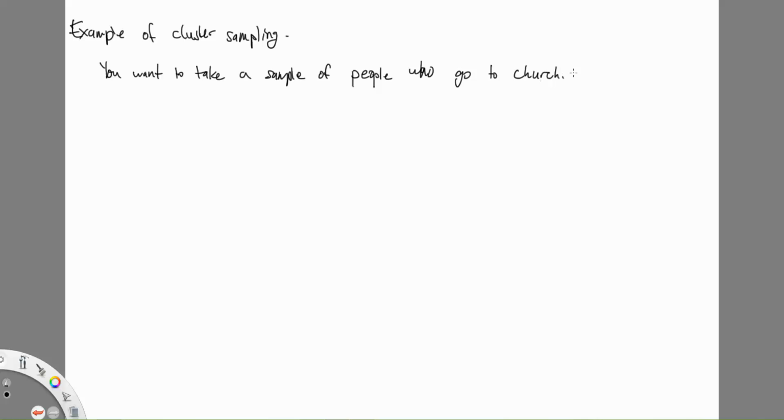Now, to do simple random sampling, we would need a list of every single person who goes to church. And that would be pretty tough to come up with. It would be difficult to get the list of everyone who attends church.